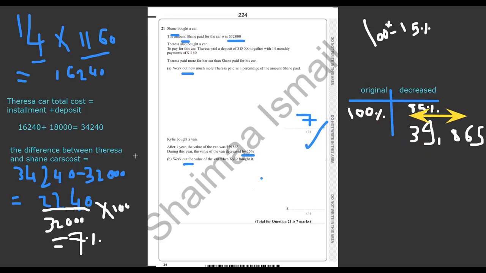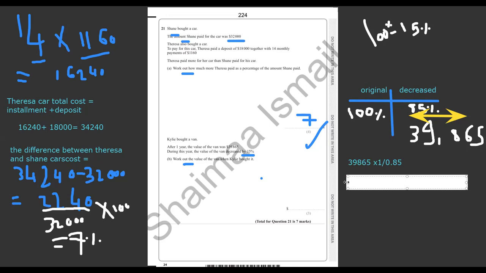Okay, so here you have to say the 39,865 multiplying by 1, which is 100%, because 100 over 100, dividing by 0.85, which is perfect to change to decimal.